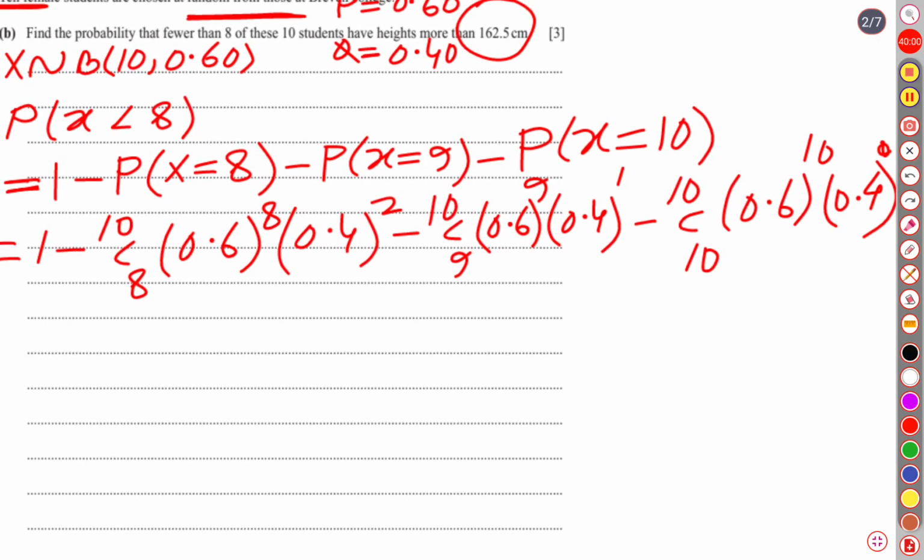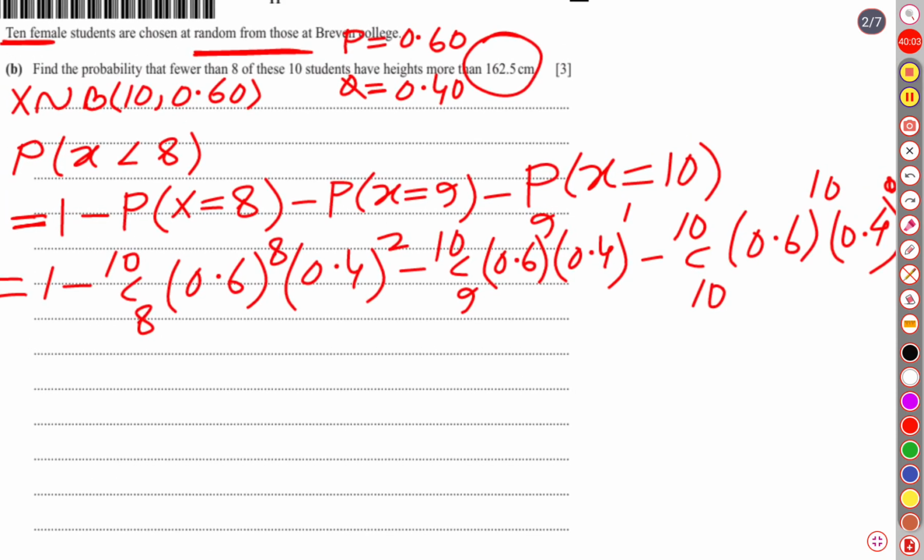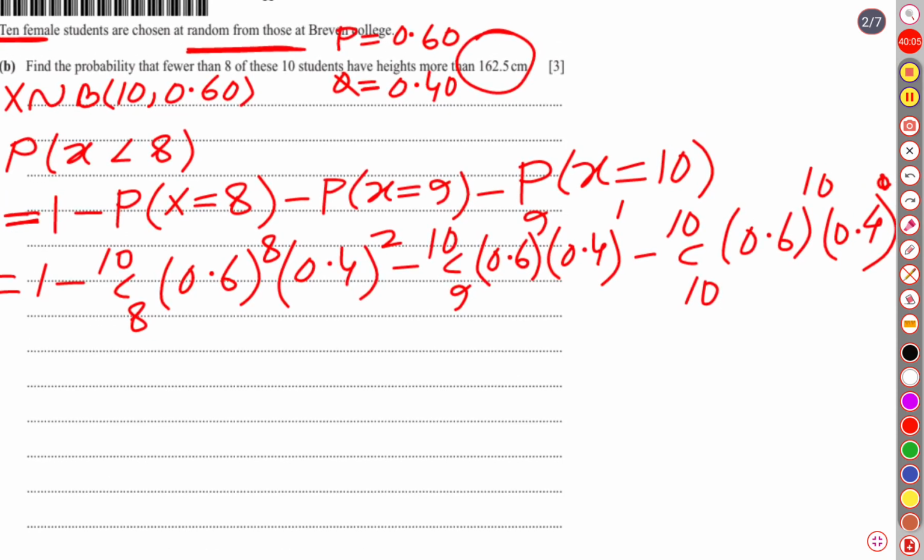Well, what is our next step going to be? Equal to 1 minus.